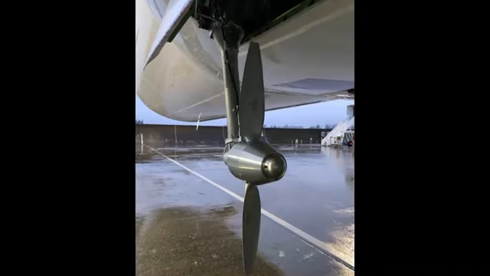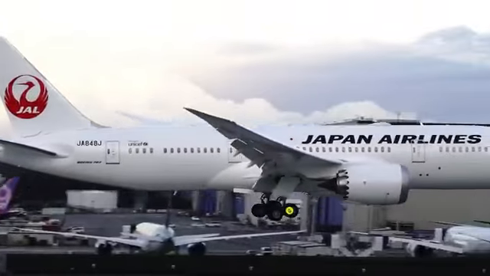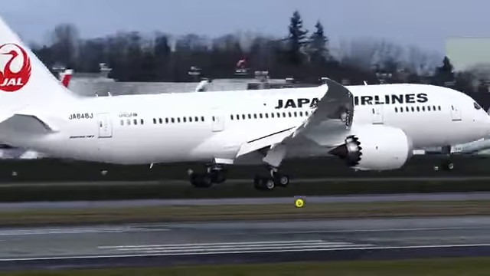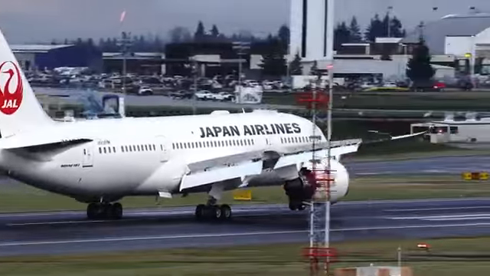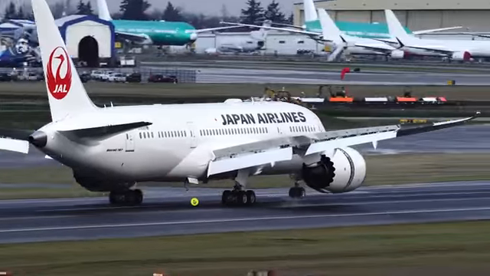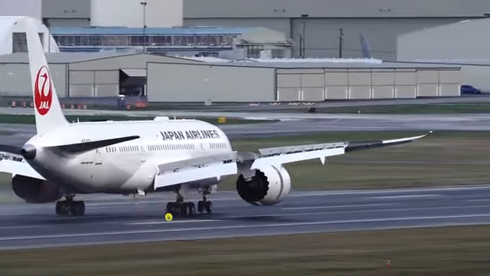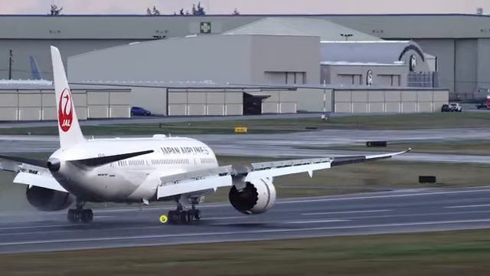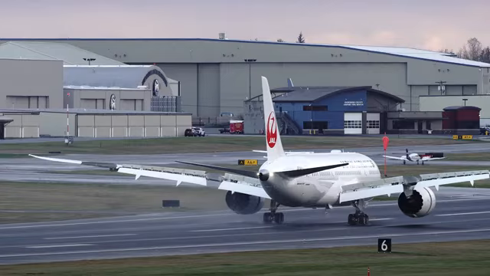Okay, what makes this so interesting is that the RAT deployment is automated, and it's a normal safety feature of the 787. So in these twin-engine jets like the 787, if both of your engines fail, or if the aircraft loses some kind of major electrical or hydraulic pressure, the RAT comes out of its hiding place and automatically deploys, and it will then provide this emergency power that the plane needs to do whatever it has to do to land.